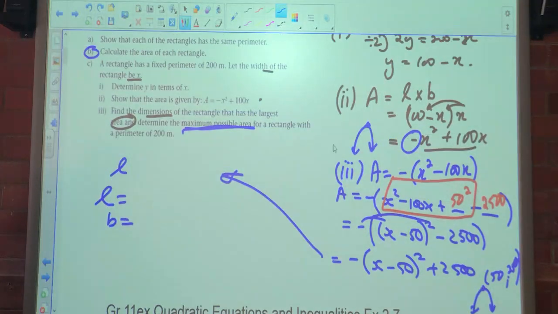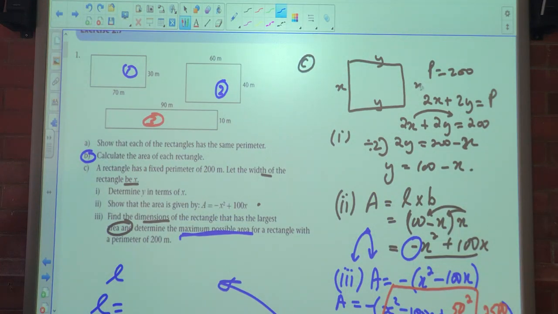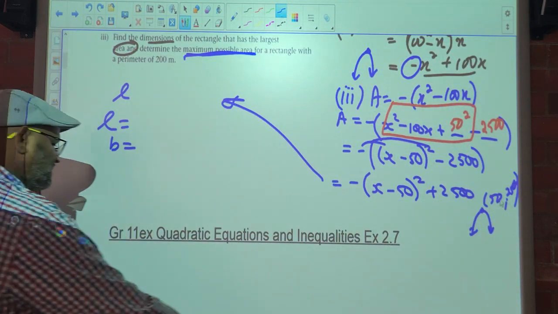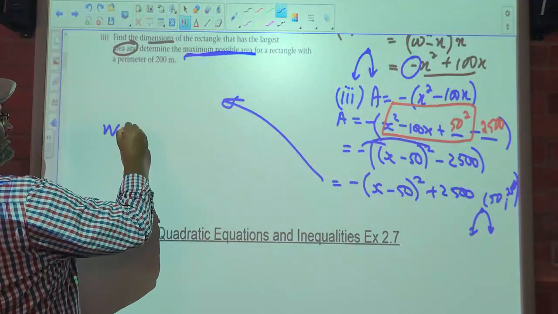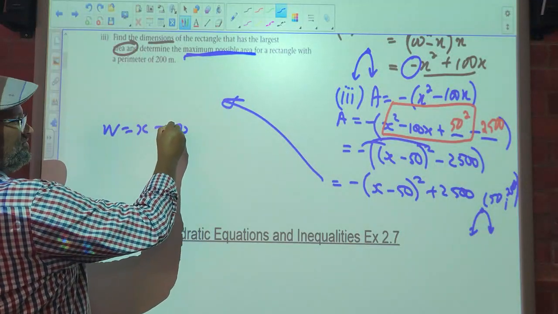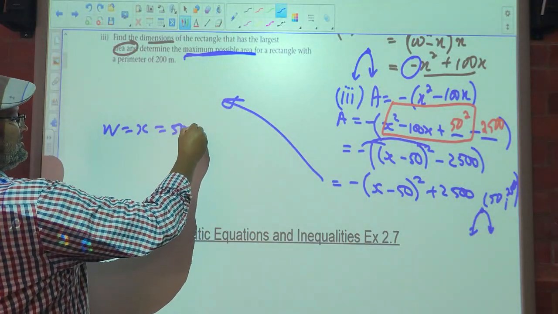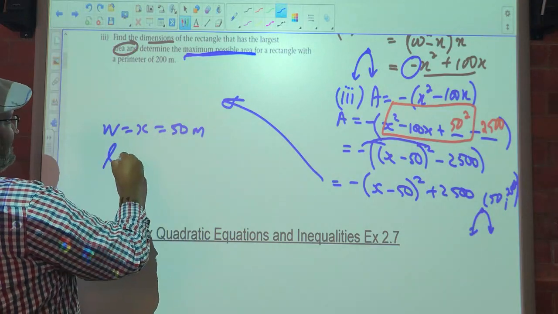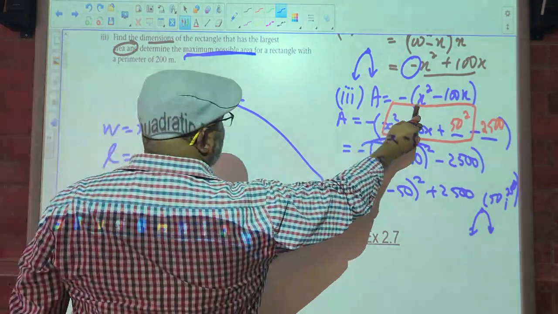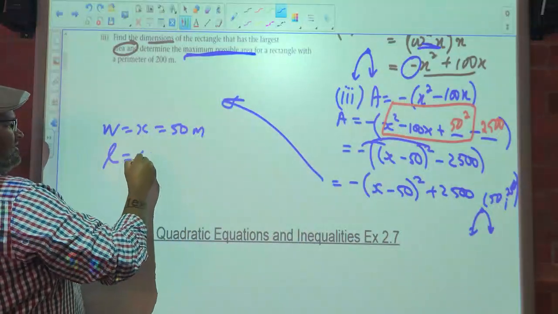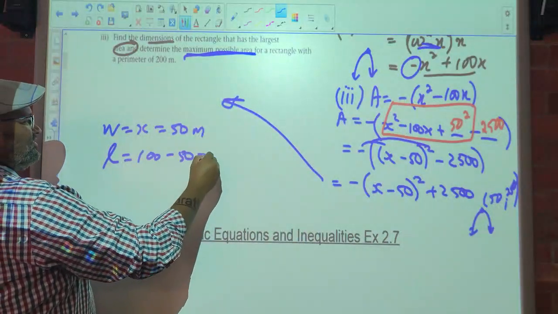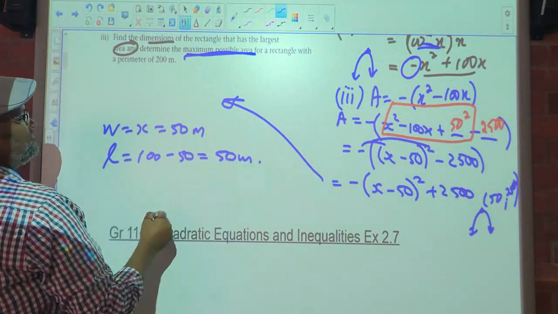X is the width. Not so? So my width is going to be x, which is 50 meters. And the length is going to be 100 minus 50, which gives me an answer of 50 meters.